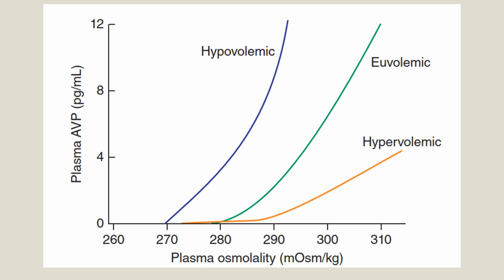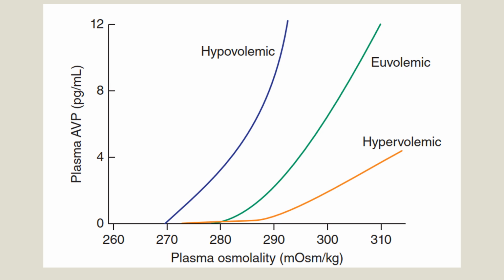We see in the normal, euvolemic state, there is a linear increase after about 285: the more osmolality increases, the more plasma AVP will follow. With that, more thirst and water ingestion.